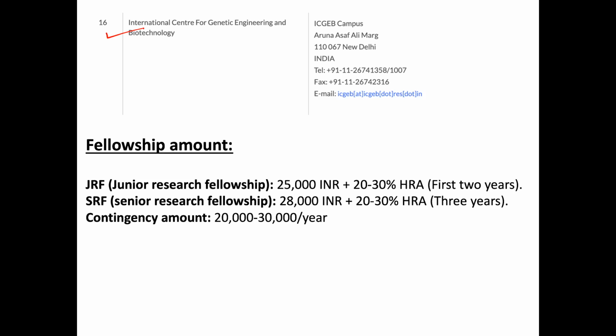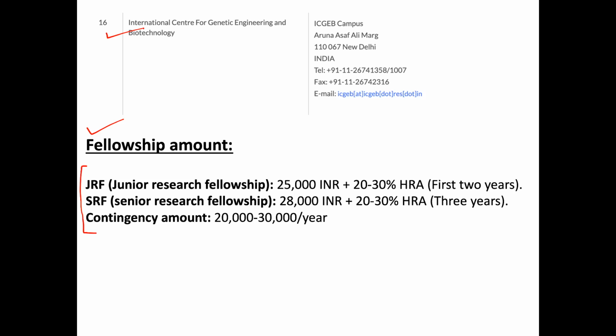So the next question is, what is the fellowship amount you will get after you get enrolled in the PhD and after qualifying the fellowship exam, either it is DBT or ICMR or CSIR. There is no difference on the point of fellowship amount that you will receive in all these cases.